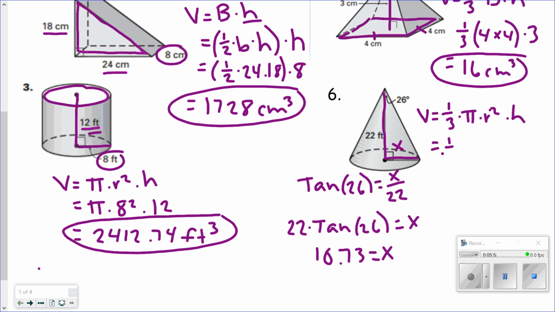So I get 1/3 times pi times 10.73 squared times 22, which is my height. And when you plug that in your calculator, you get 2,652.47 feet cubed.